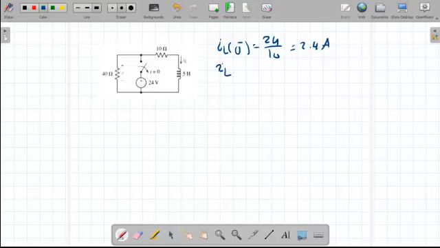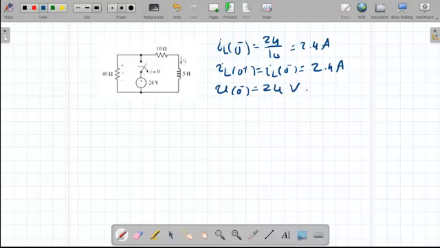And remember the rule that IL(0 plus) will equal IL(0 minus), because the current through the inductor will not change in zero time. Okay. Now we pay our attention to find V(0 minus). When the switch is closed, of course, V(0 minus) will equal 24 volt.